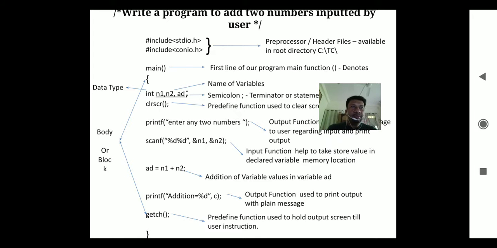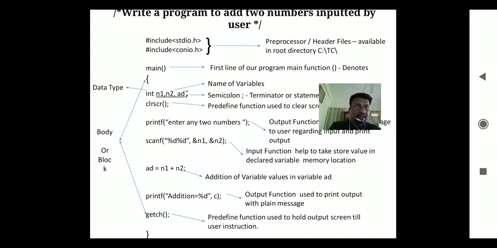Next line is printf. We use two parameterized functions here: one is used for output and the second one is used for input. Printf is the output function, it helps to print a message to the user regarding input, and to print the output, meaning the result.